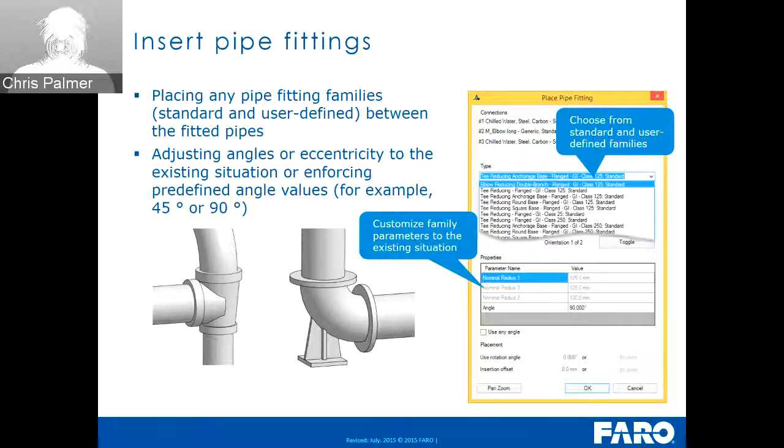We can do this with an open-ended pipe, or where we have two specific pipes in the same run. Obviously, we've loaded in a lot of different pipes. We can go in and select the specific ends of those pipes and find the best fitting component from the list that we've loaded in. Obviously, we're limited to what we can achieve based on what catalogs or components we have available. But we can do that very accurately, and as you can see at the bottom, we can use any angle to define that.